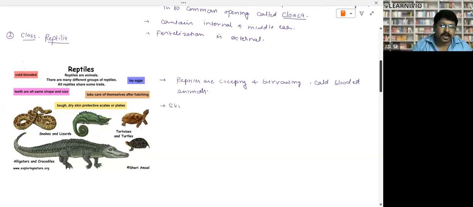Their skin is dry, rough, and, very important, this question I have been asked in a medical examination: they do not have gland. Which of the following do not have gland? So reptiles do not have gland in their skin.